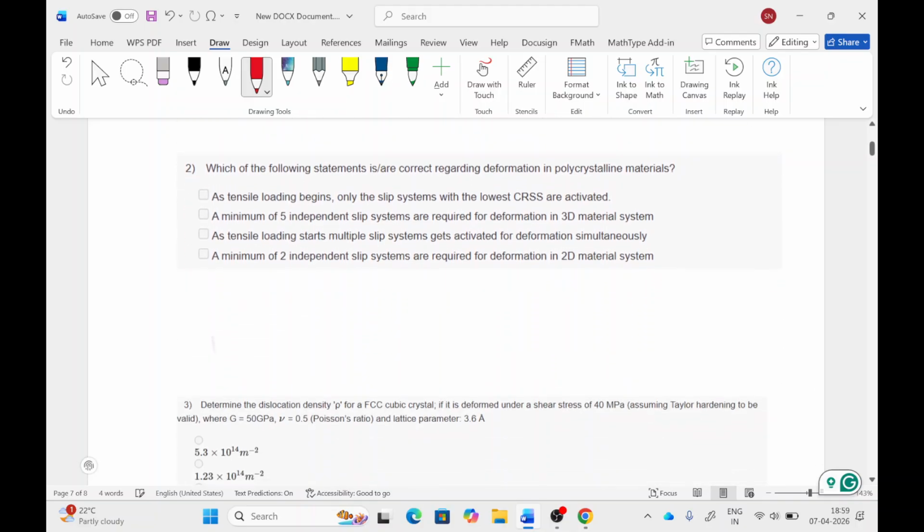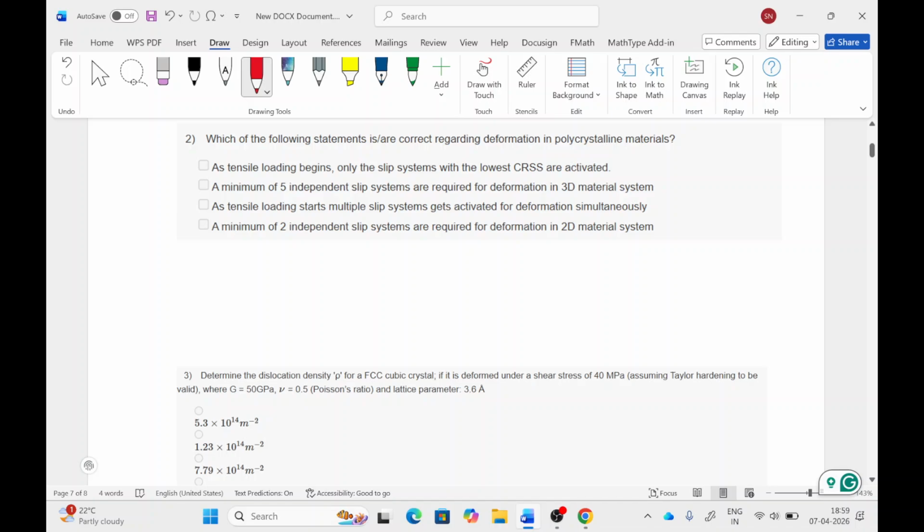The second question is which of the following statements are correct regarding deformation in polycrystalline materials?